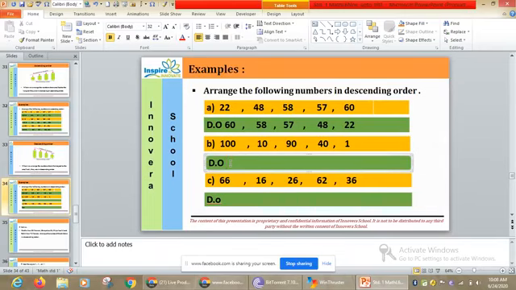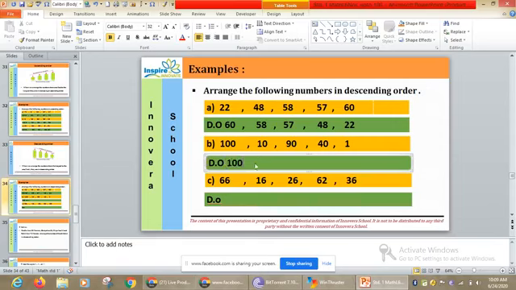The next example: 100, 10, 90, 40 and 1. So now there is one number which is having 3 digits, that is 100, with ones place, tens place and hundreds place, and all other numbers are 2 digit numbers, or 1 is only a 1 digit number. So which is the bigger number? 100 is the bigger number.